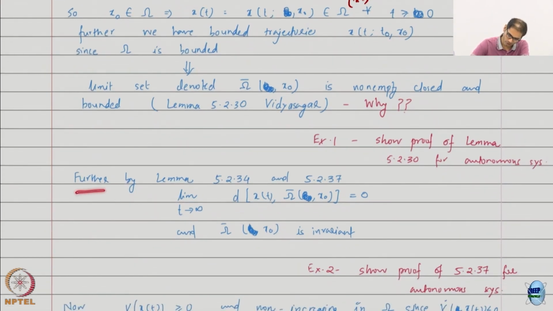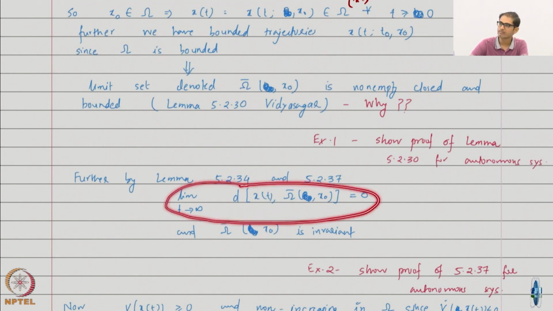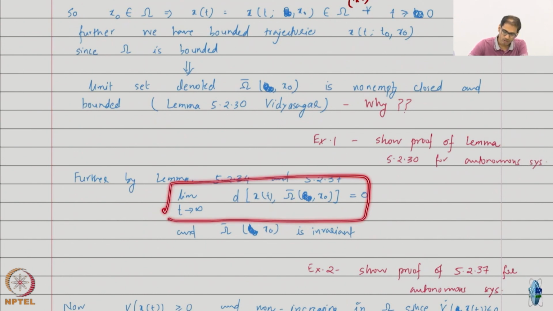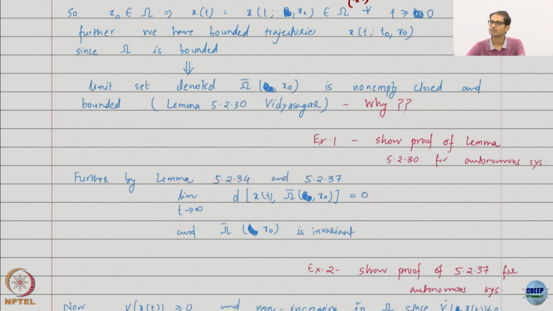Further, you also have two other lemmas, which say that if your solution trajectories are bounded, which they are, then you will converge to the limit set, and the limit set is invariant. You already had non-empty, closed, bounded, and you further have invariance, and of course the result that you will approach the limit set.